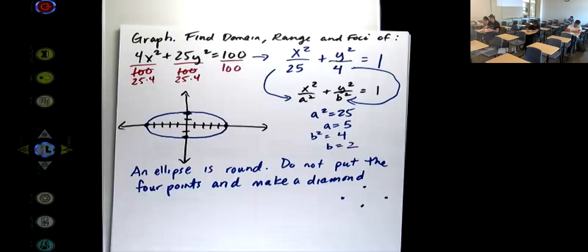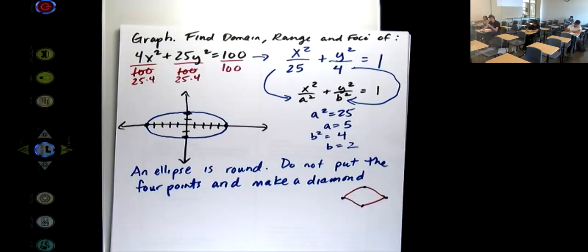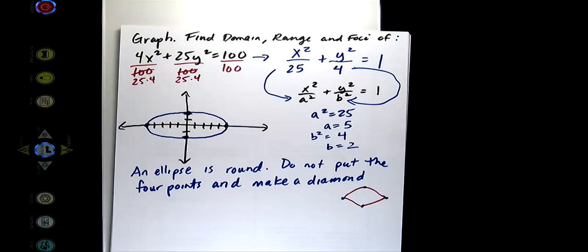If you do this and give me something like this on the exam, I'm going to mark you down for being lazy, because that's all it is. It doesn't have to be a perfect ellipse, but it does need to look round. It can't look like a diamond.